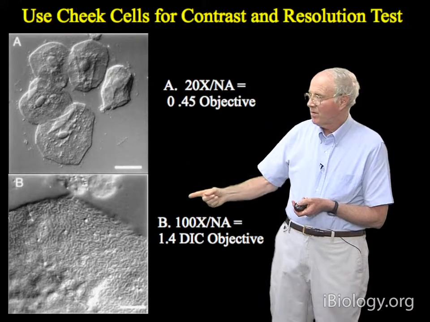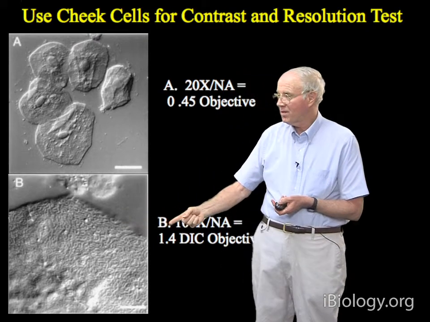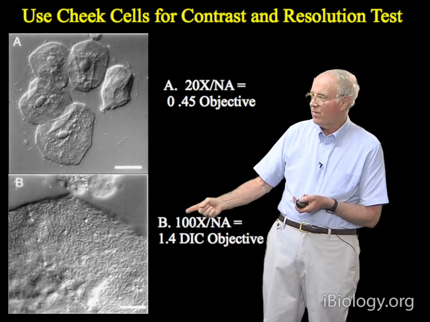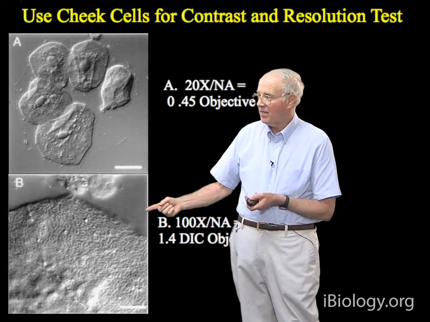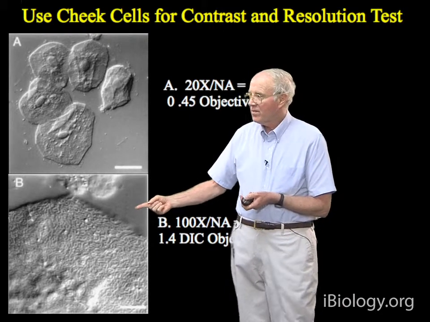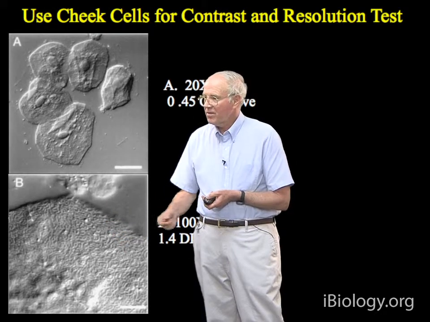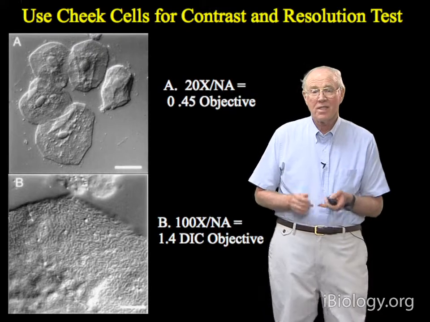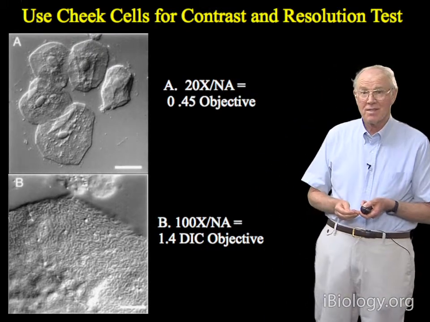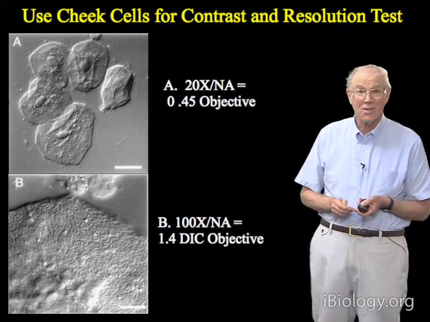And then if you use a really well-aligned microscope with the highest resolution, this was a 100x objective, NA 1.4 DIC objective with a fully illuminated objective aperture with a 1.4 NA oil immersion condenser, you can see at the periphery of these cheek cells all these little ridges that are separated by about 1 micron, really nicely defined. So you carry around with you a pretty good resolution test for the performance of your microscope if you can see very nicely the fingerprints on the surface of these cells.